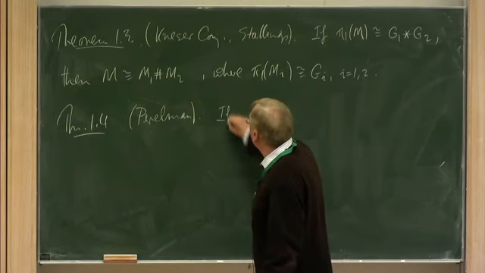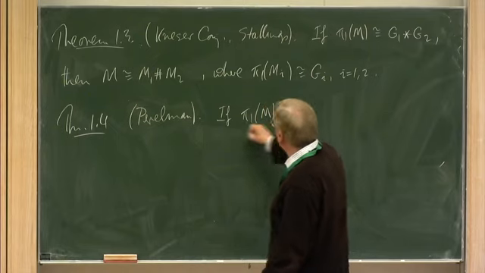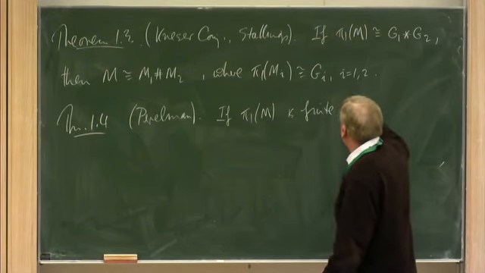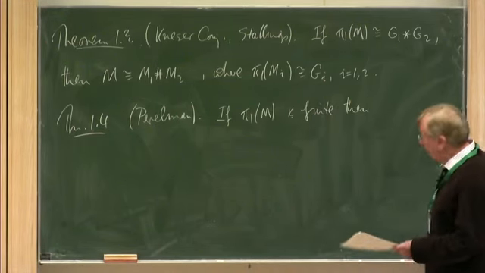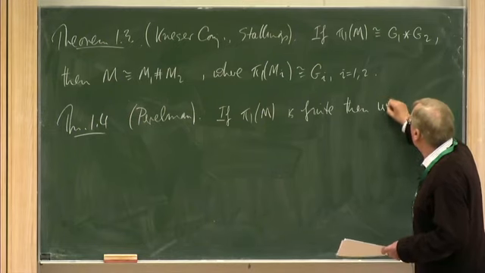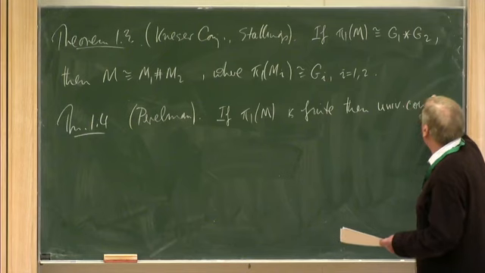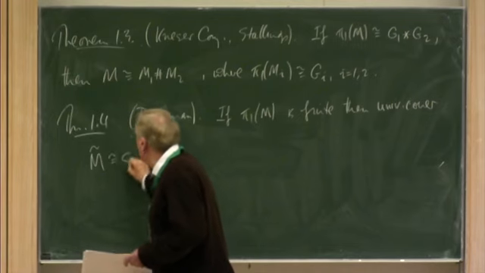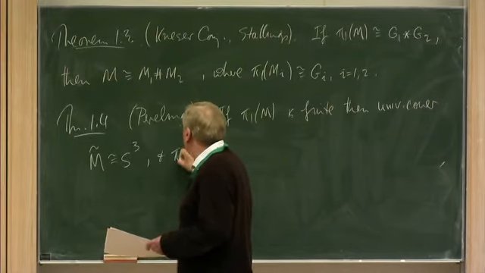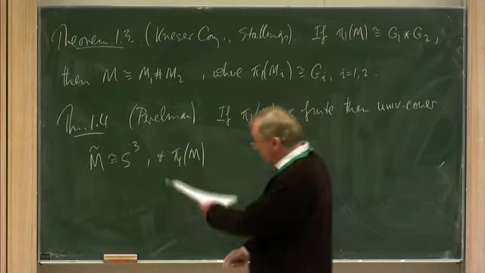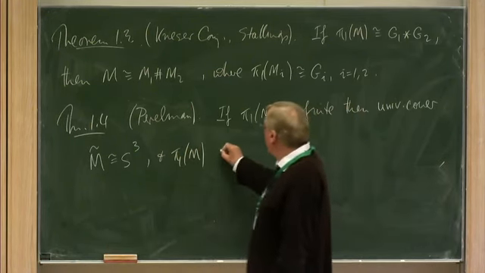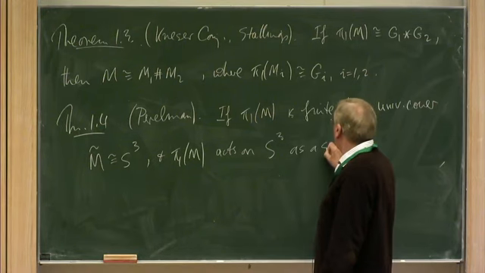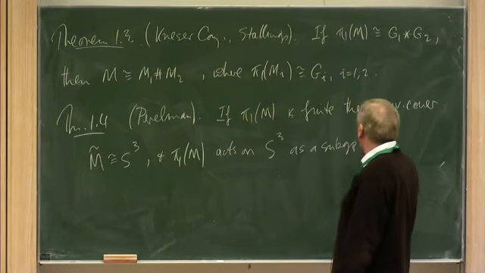Let me just mention here that if you've got a closed three-manifold, if pi_1 of M is finite, then the universal cover M tilde is actually homeomorphic to S^3, and pi_1 of M acts on S^3 by covering transformations, sort of linearly, as a subgroup of SO(4).